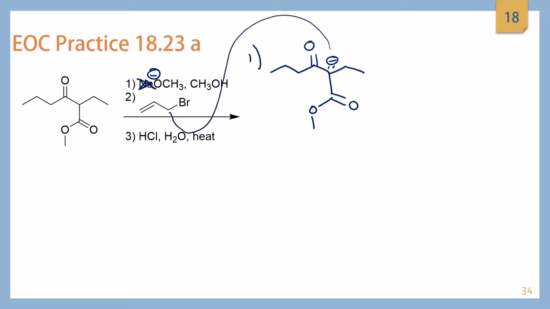Your enolate is going to attack, you're going to kick out your bromine. So after step 2, you have the same giant compound and you're adding on 1, 2, 3 carbons, and don't forget your double bond. I'm going to clean that up in a second.